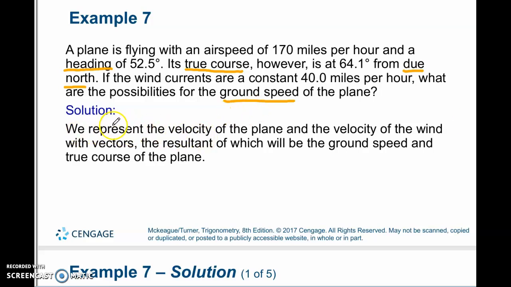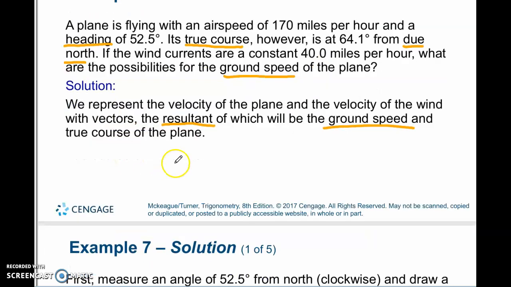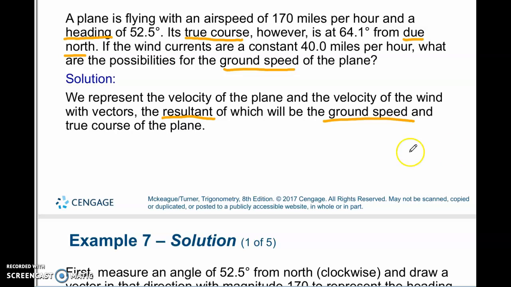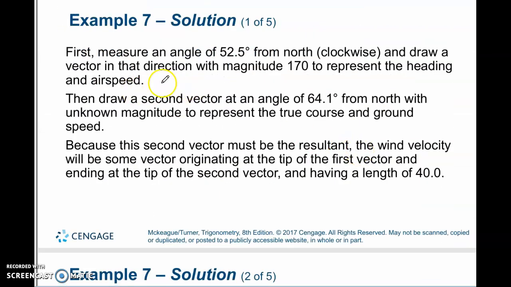It says for the solution, represent the velocity of the plane and the velocity of the wind with vectors. And then the resultant, remember from the definition, the resultant vector will be the ground speed and true course of the plane. So this is going to tell us what to do. First, measure the angle from due north, the 52.5 degrees, clockwise.